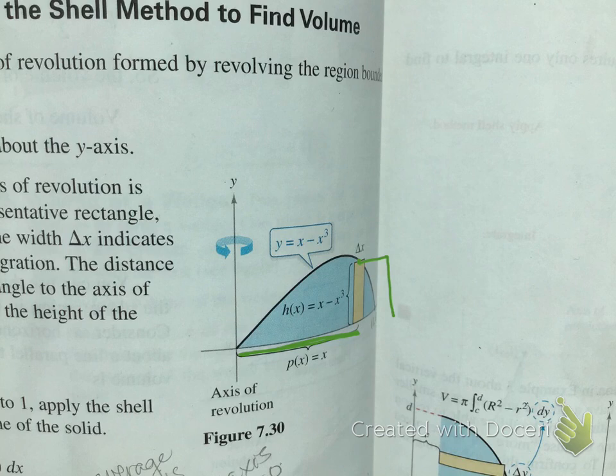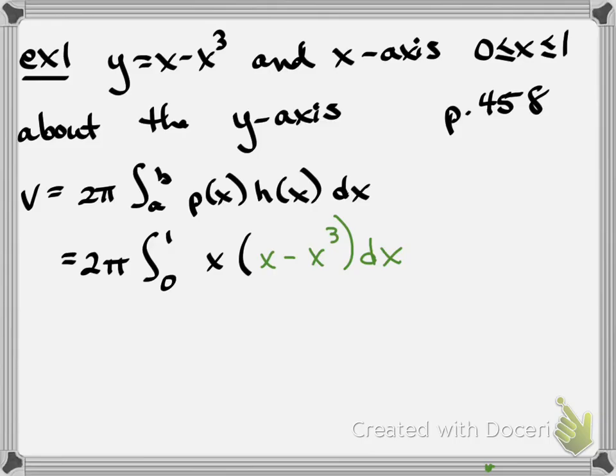That's what establishes the height. So no matter where you draw the rectangle, its height is represented by a function. So we put the function there. And we're just ready to integrate now. The hard part was getting it set up.